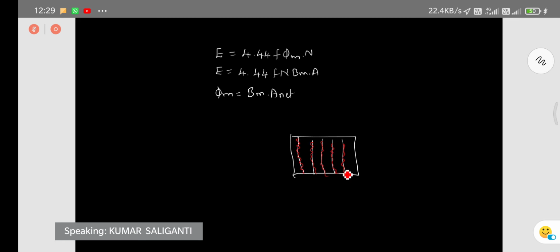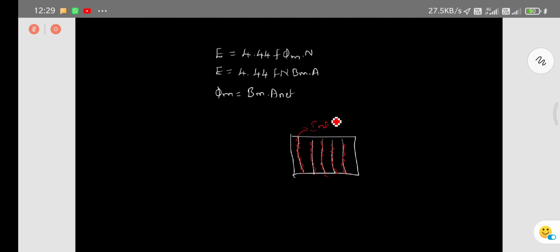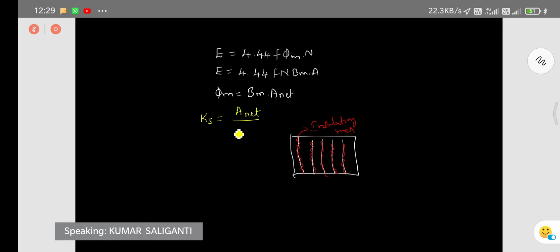So these are the laminations with insulating material between them. The stacking factor K is equal to the net cross-sectional area by the gross cross-sectional area.